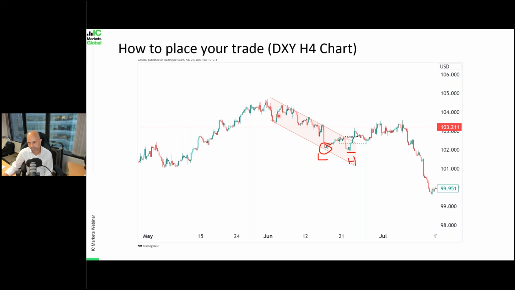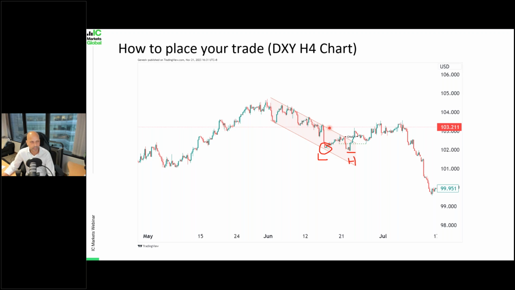Price is in a bearish channel, making a series of lower highs and lower lows. But once price makes this new low, it's just slightly lower than the shoulder. It's not a very deep head. The head didn't drop as deep as we would like to make it clearly obvious.